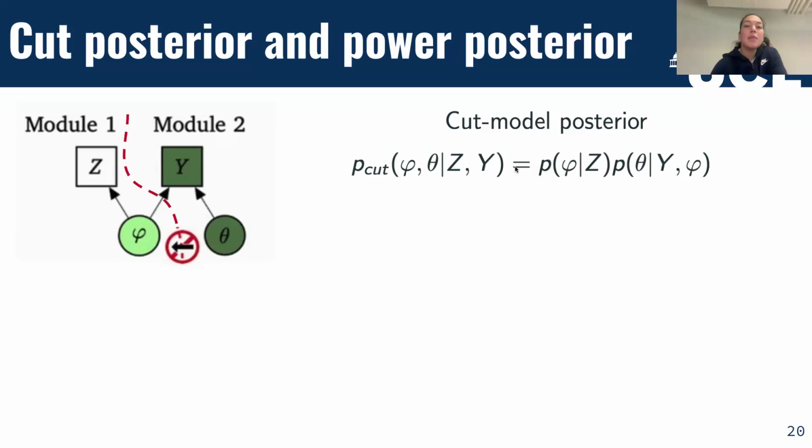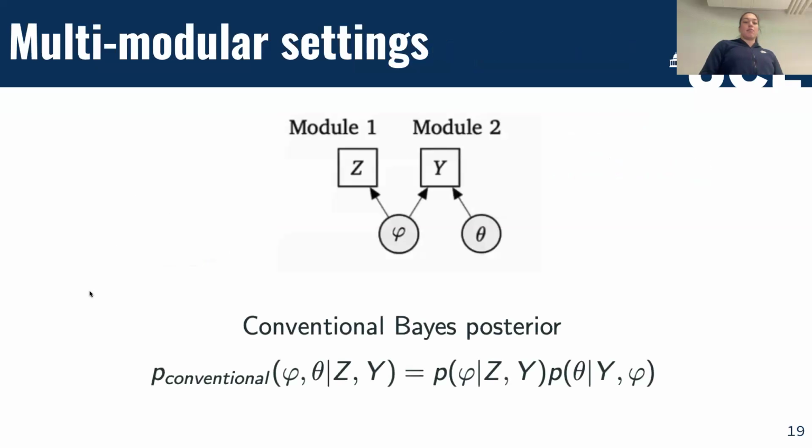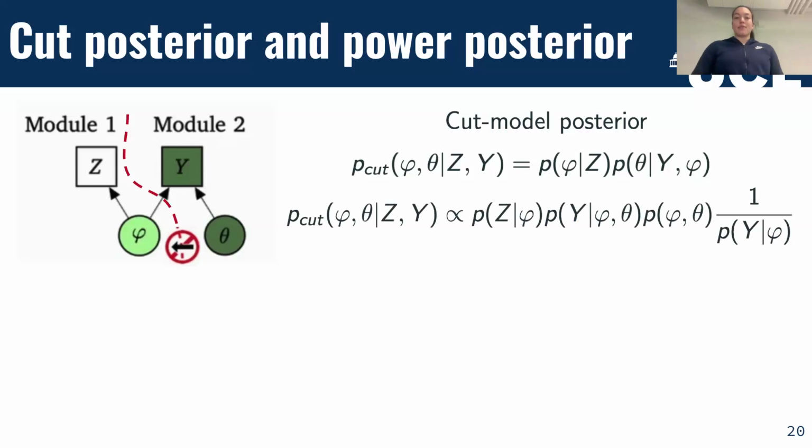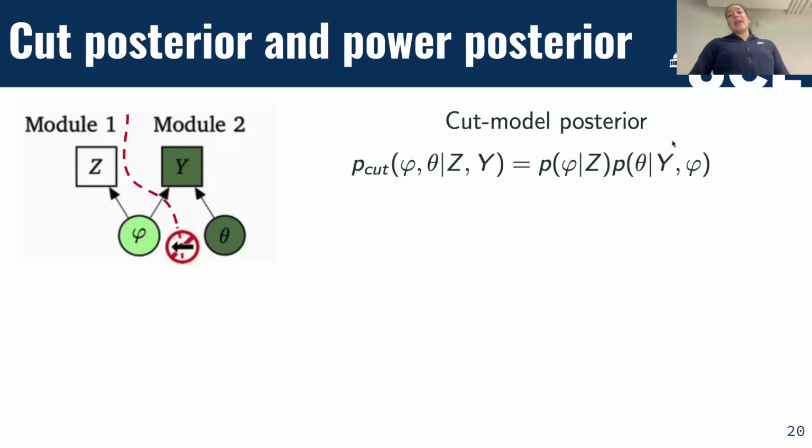That would mean the posterior of phi and theta given z and y is the posterior of phi given z. If you compare with the conventional posterior, there phi was conditional on y, whereas right now it's not, because we cut its influence on phi. And then times the posterior of theta given y and phi.